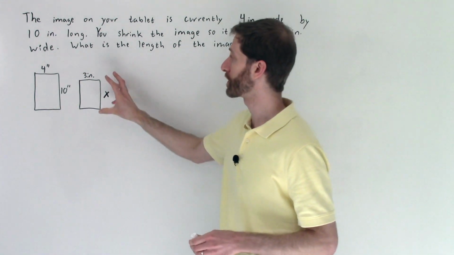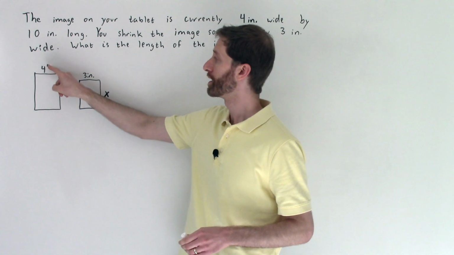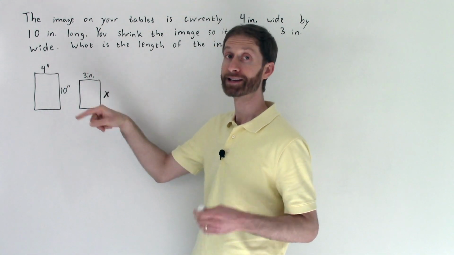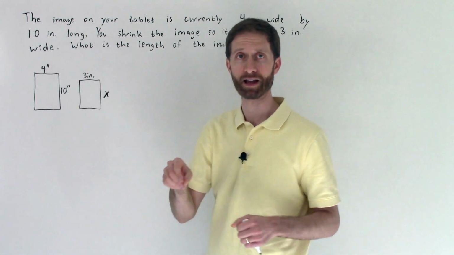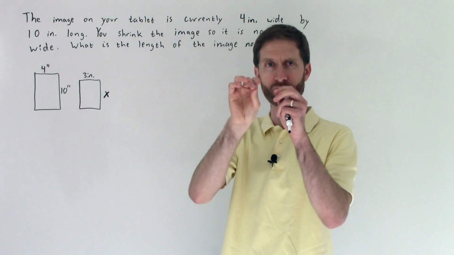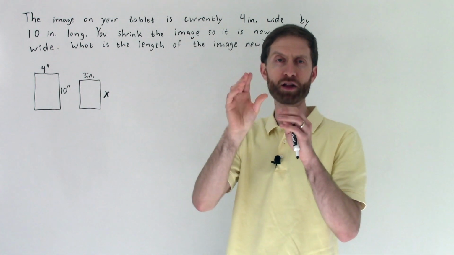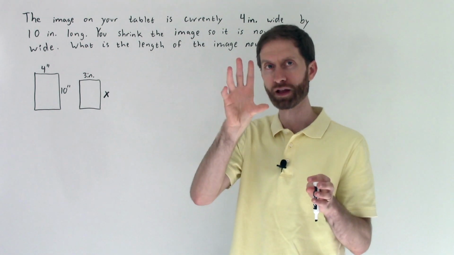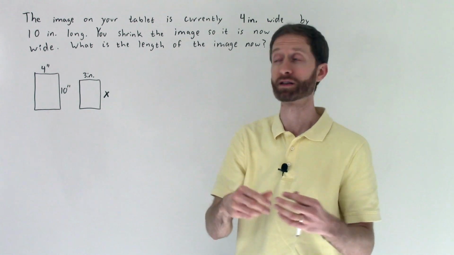So since we shrunk this down, the ratio of this side to that side needs to be the same as this side to that side, right? When you shrink something down on your phone, it's not like one part of the picture gets much, much smaller and another part stays the same. Everything gets shrunken down at the same rate.